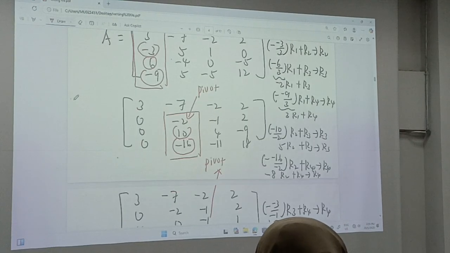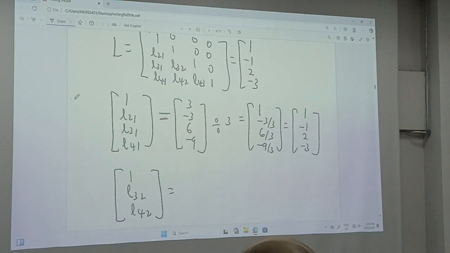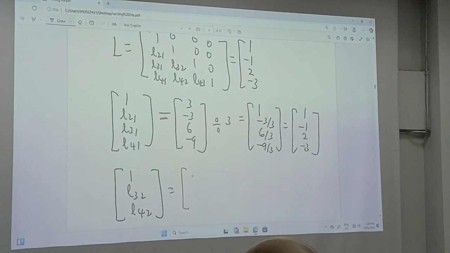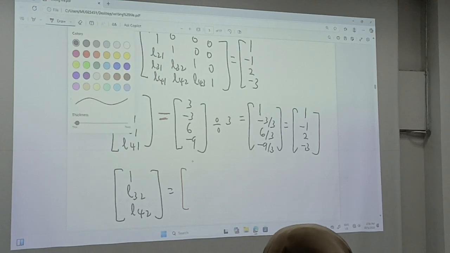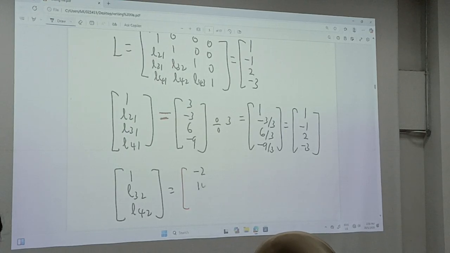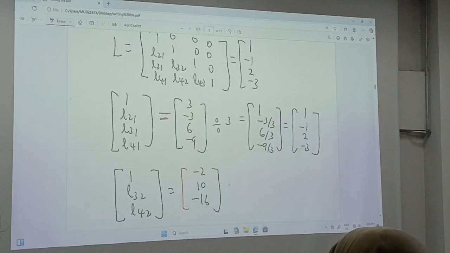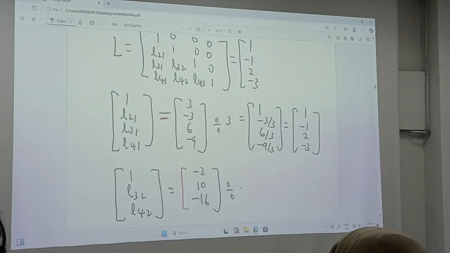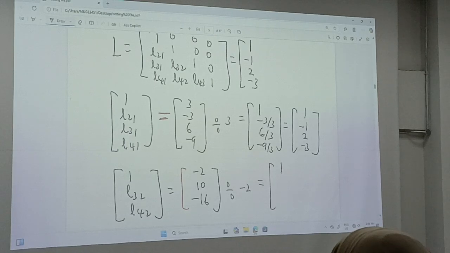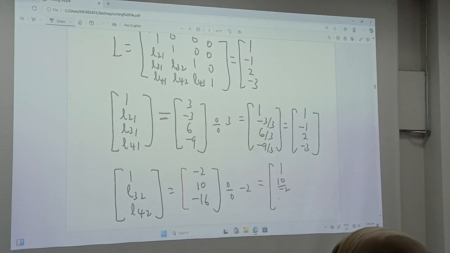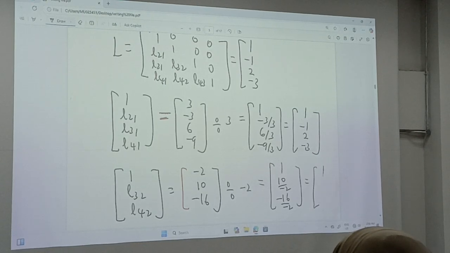Write down -2, 10, -16. How to turn -2 into 1? Divide by -2. So every element is divided by -2. As a result, it will be -5, 8.